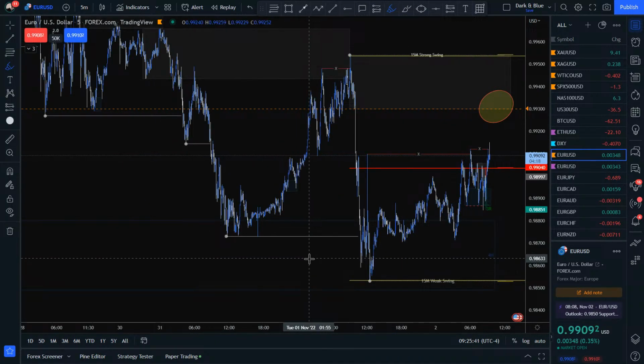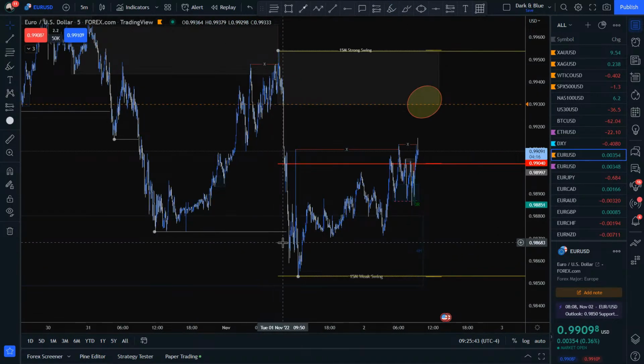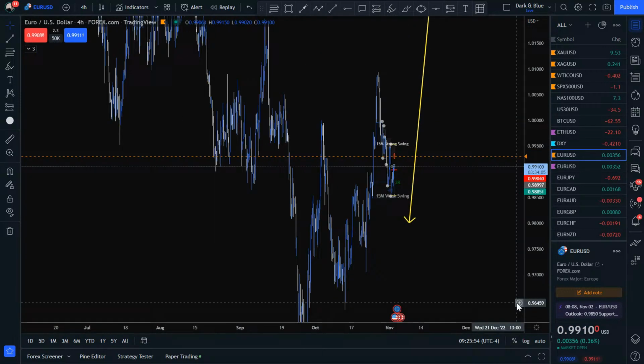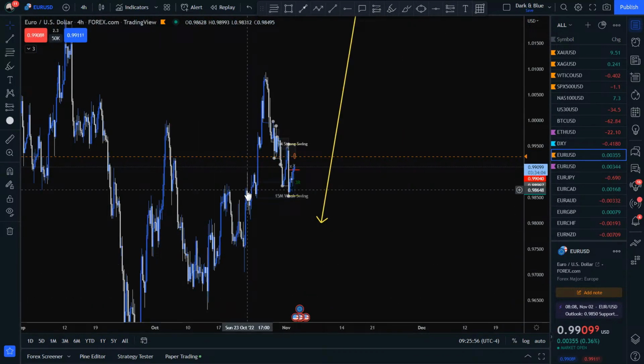on the euro, as I've explained. The euro, we have bullish internal structure. All right, the internal structure is bullish.